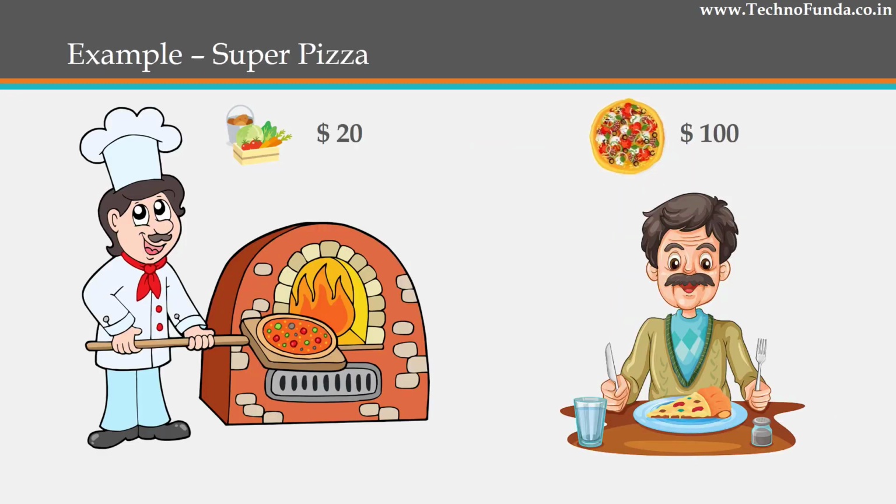So let's take an example of a super pizza. We have this excellent chef who is preparing pizza for their customers, and let's assume the selling price of one pizza is $100, and the raw material, the vegetables and the pizza base which is required, costs $20.